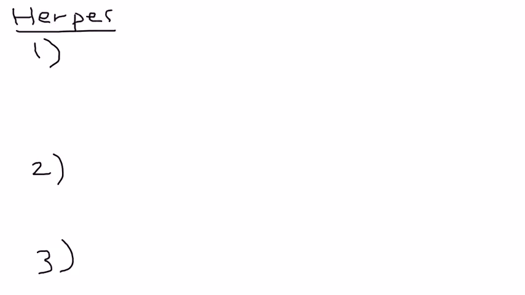So there's three types of herpes infections that I wanted to touch on to give you an illustration of what this is like in terms of signs and symptoms presentation.